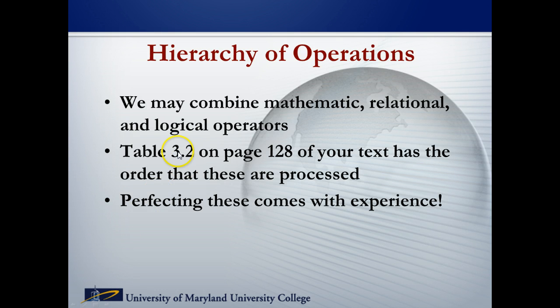So take a look at table 3.2 on page 128 of your text. This is exactly what I was talking about. This is the hierarchy of operations when we do those combinations of mathematic and relational and logic operators. This is the order that all those things take place, and it's very important that we understand the order of those events, so our code performs the way it's supposed to.